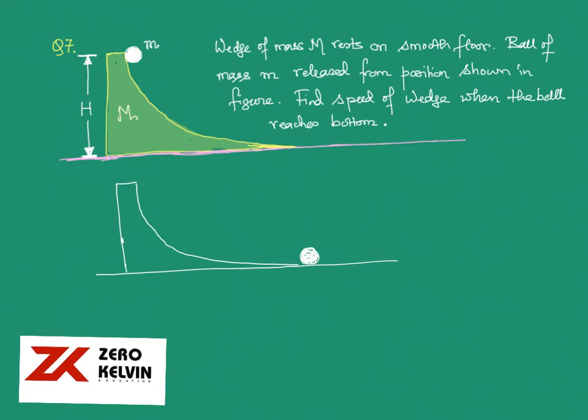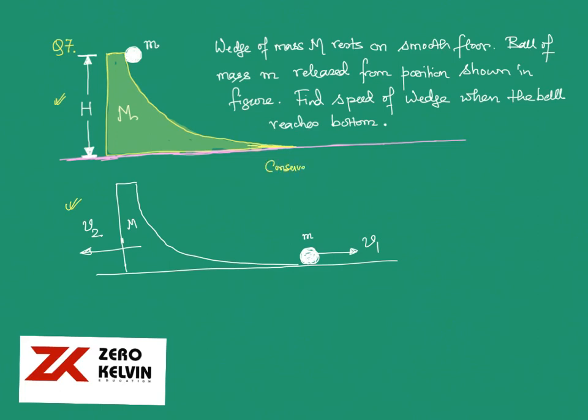The velocity of the wedge. So let the velocity of the ball be v1, and the velocity of the wedge v2. This time I am taking it towards the negative direction of x. Sorry, you can take it towards positive and expect a negative answer for v2. That also works. So between this state and this state, we conserve momentum along the horizontal, right?